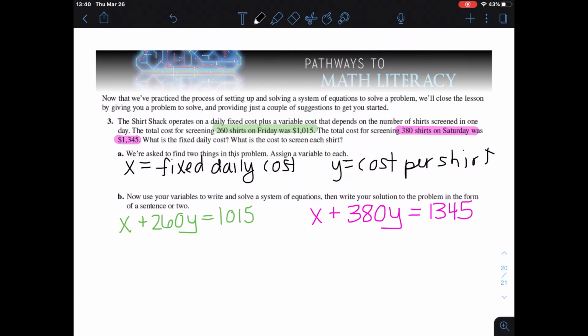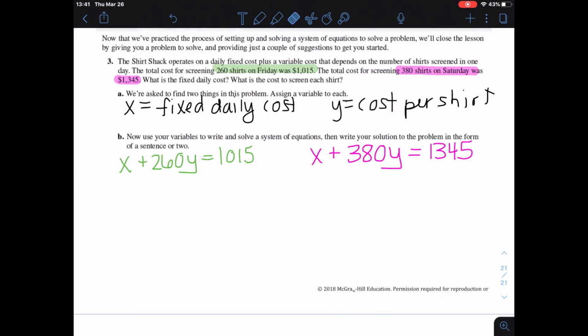The easiest variable to solve for is X. So we've got X plus 260Y equals 1,015.